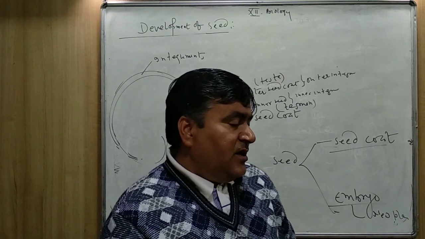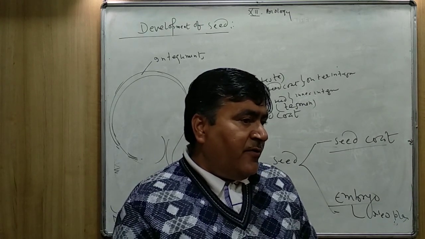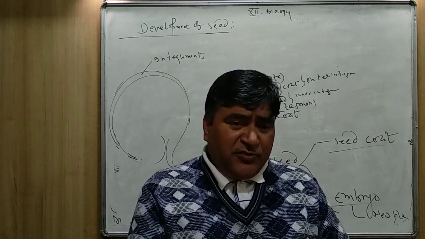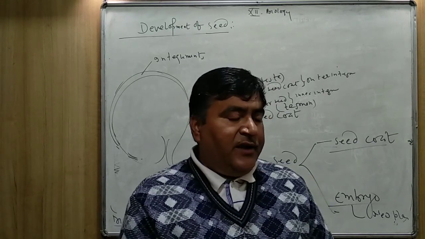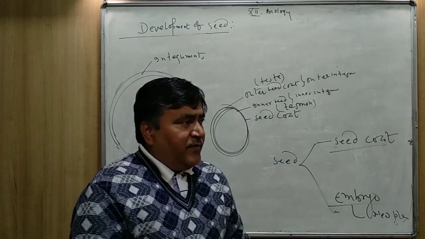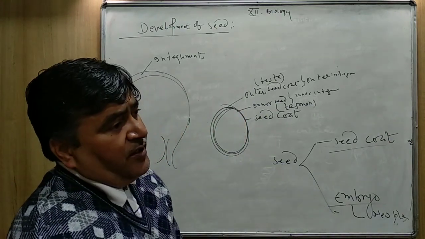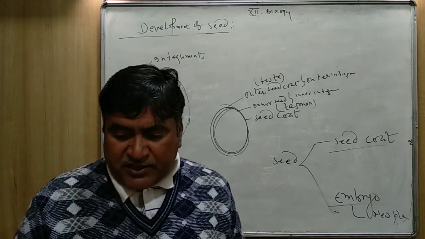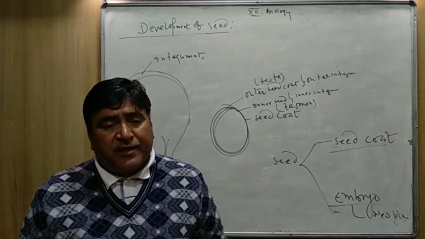Groundnut seeds are also non-endospermic. These two examples are given, pea and groundnut, in non-endospermic, and in endospermic, wheat, maize, coconut.